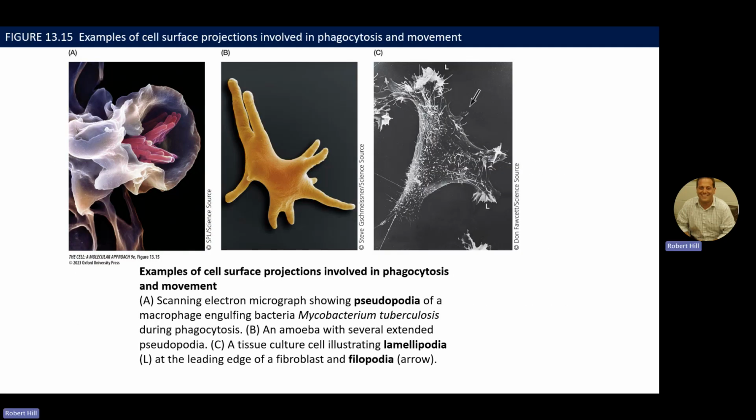All right, so some cool pictures here of that. Pseudopodia on the left and the middle. Right, and then in this picture, you can see where the L is. These are the lamellipodia, flat extensions that can go out and strike surfaces and attach to surfaces. And then the filopodia is this thing right here.